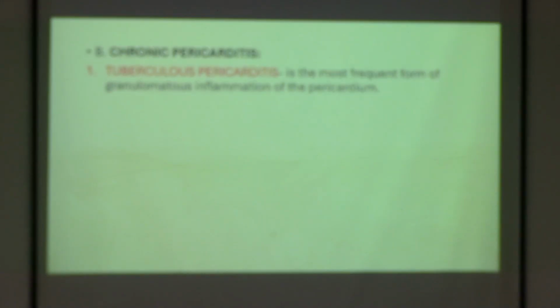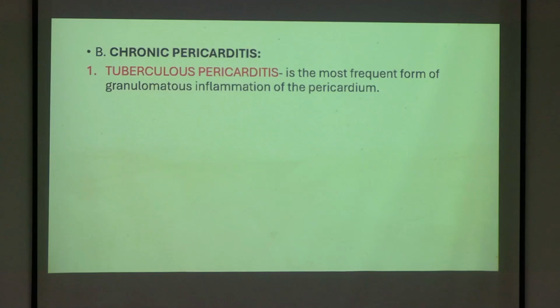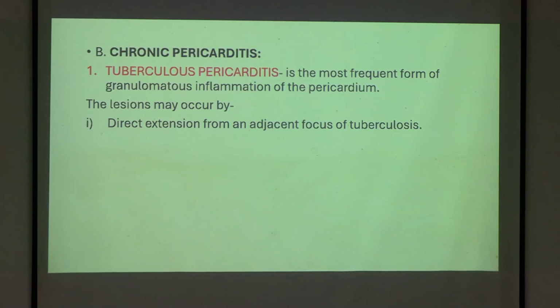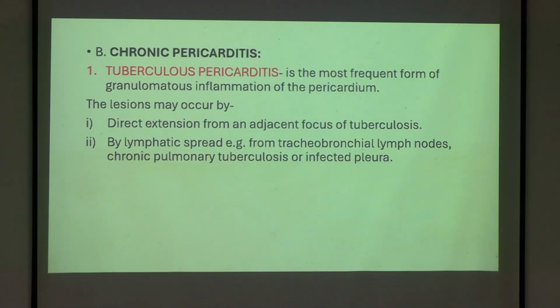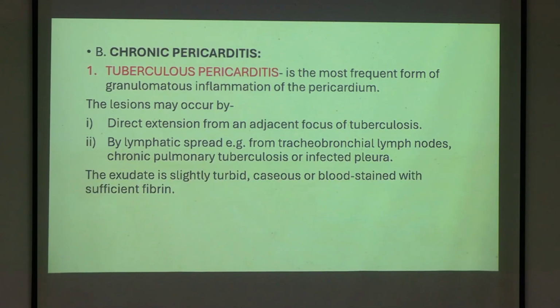Next, coming to chronic pericarditis. Under chronic, the first one is tuberculous, which is the most frequent form of granulomatous inflammation of the pericardium. The lesion may occur by direct extension from adjacent foci of tuberculosis, by lymphatic spread from tracheobronchial lymph nodes, chronic pulmonary TB, or infected pleura.